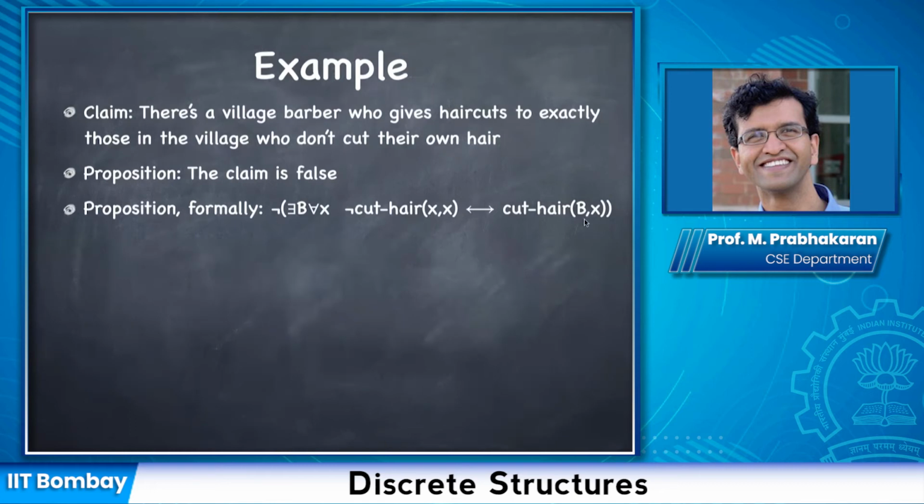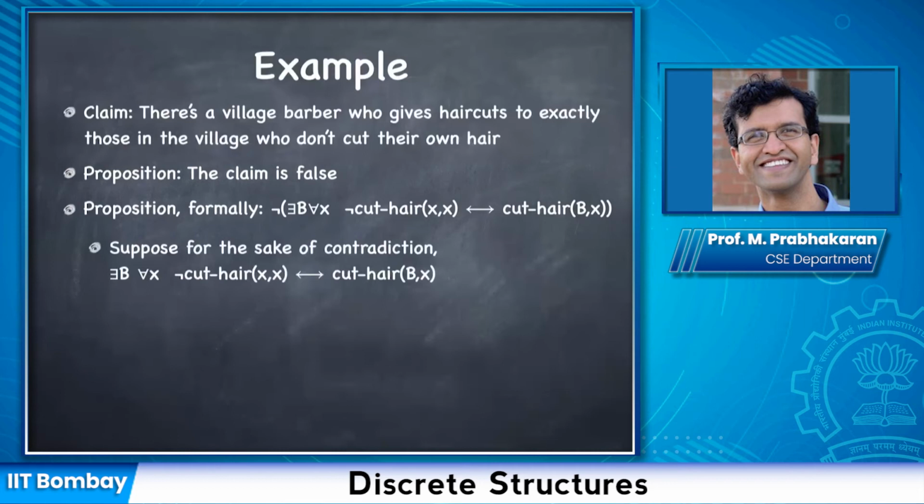So barber cuts the hair of X if and only if X doesn't cut their own hair. Okay, it's a negation of cut hair XX. What's inside the brackets is a claim. Its negation is a proposition I'm trying to prove.